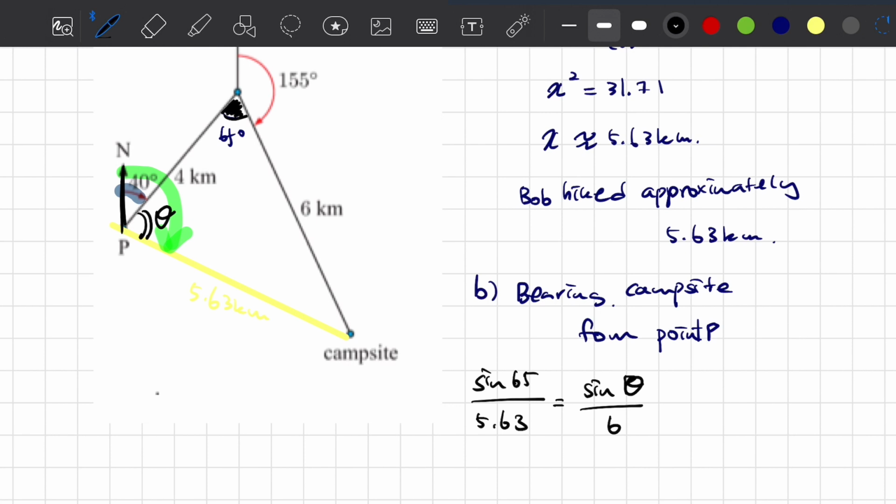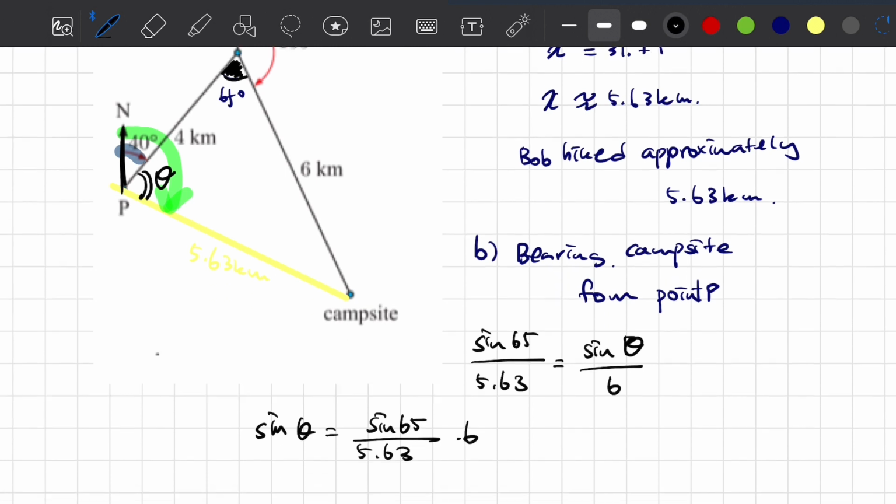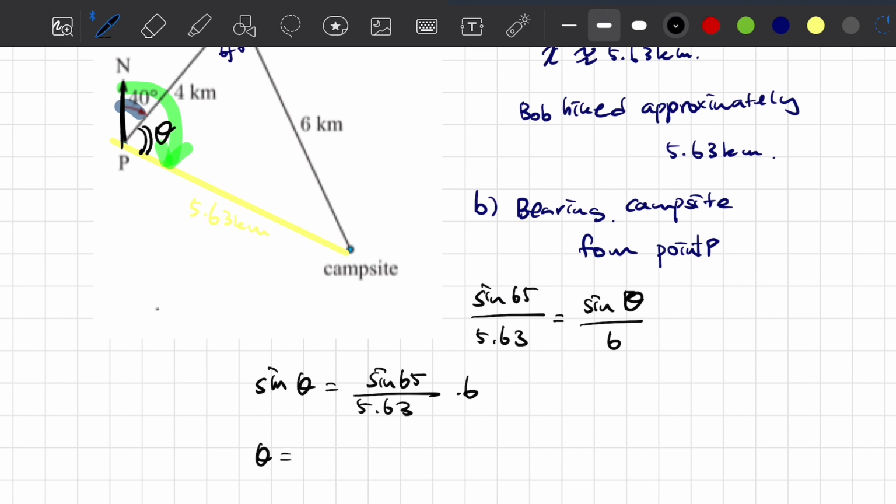Then sine theta is sine 65 over 5.63 times 6, so theta is 74.92.